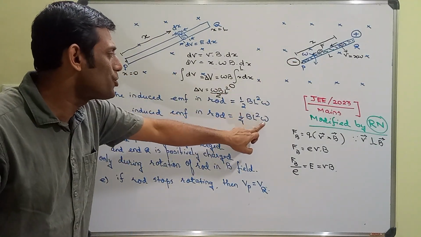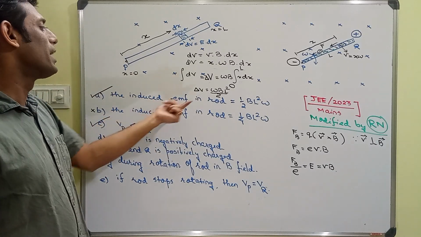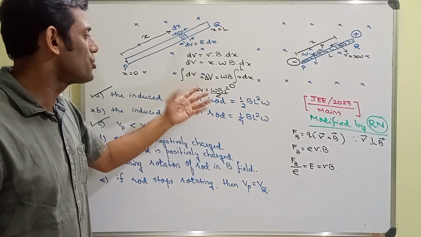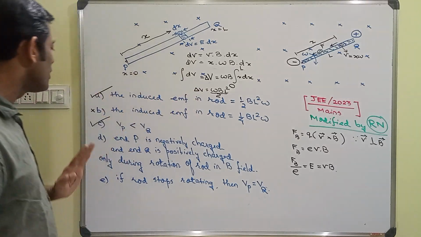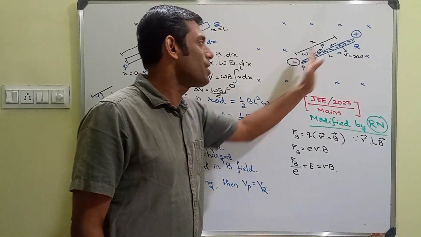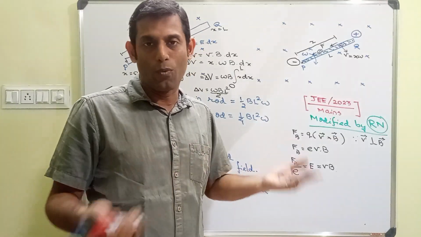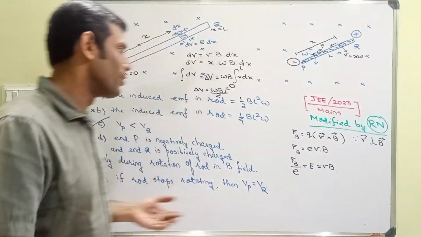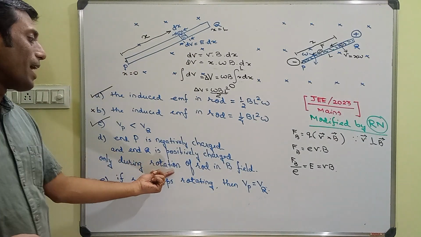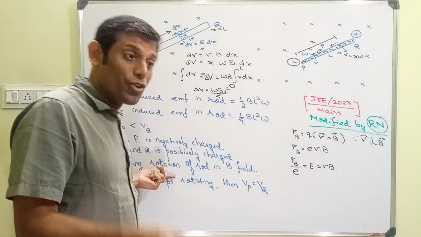If omega turns to 0, the induced EMF turns to 0. Omega 0 means delta V 0. Delta V 0 means what? Delta V 0 means potential at this end and potential at this end are of equal magnitude. And that means only during rotation, as long as omega is non-zero.